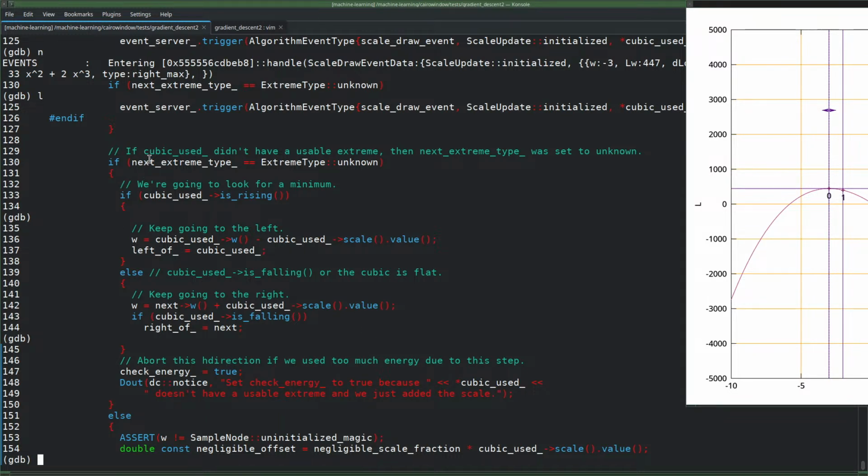If cubic use didn't have a usable extreme, then it's still unknown. Okay, but it did. We had a maximum, so we're not going to go into this. We're going to go here. I already solved that, I should.